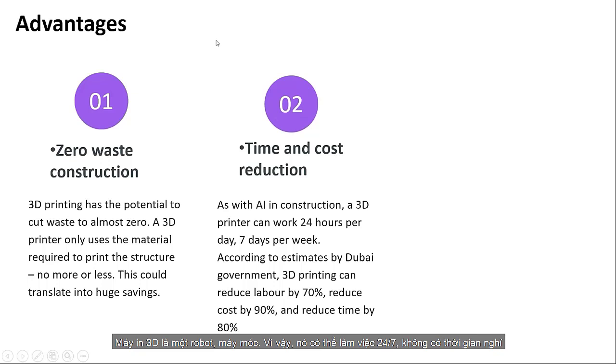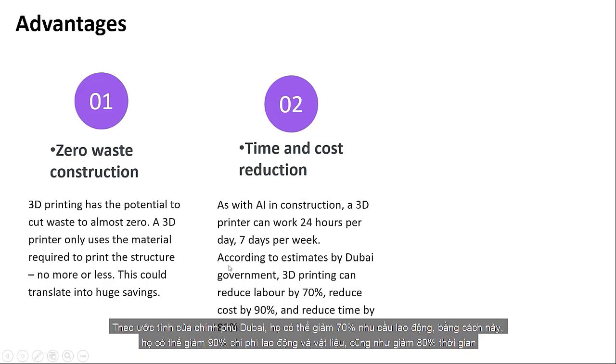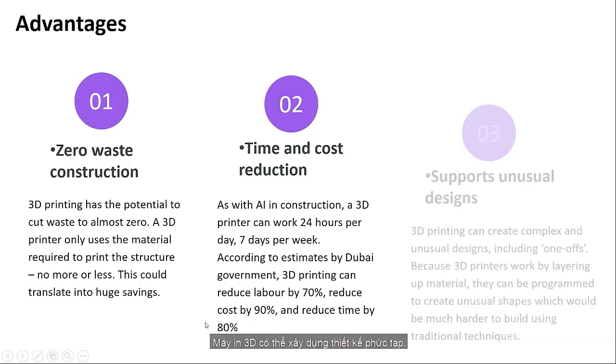There is no holiday for them. According to an estimate by the Dubai government, 3D printing can reduce labor by 70%. In this way, they reduce the cost by 90%, and also reduce the time by 80%. Yeah, 3D printing is very time saving.